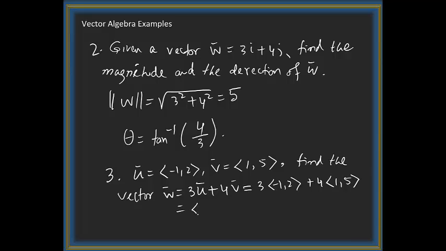First distribute: you get (negative 3, 6) plus (4, 20). And then component-wise addition: negative 3 plus 4 gives you 1, and 6 plus 20 gives you 26. So you are done with this vector.